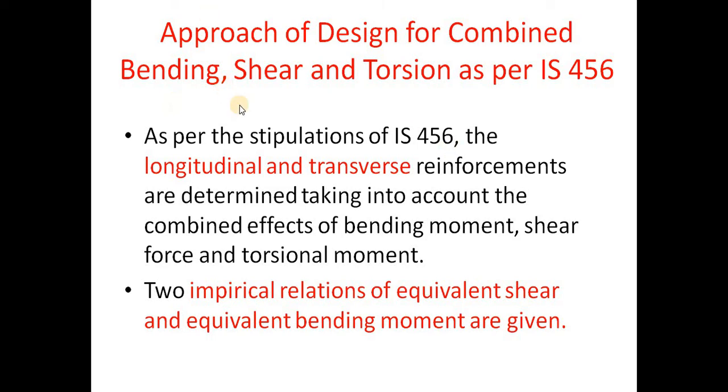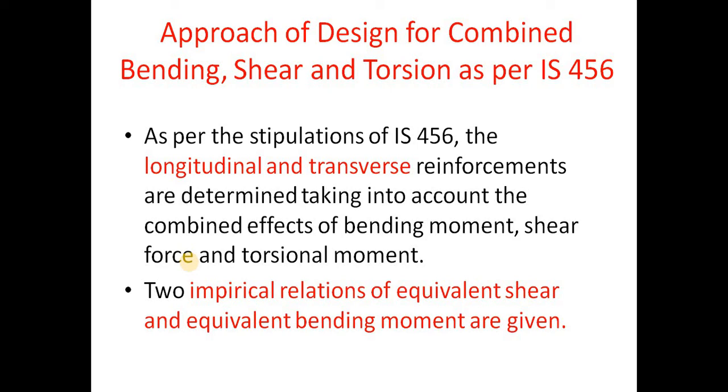You can see, as per the stipulations of IS 456, the longitudinal and transverse reinforcements are determined taking into account the combined effect of bending moment, shear force and torsional moment. So we have to consider a combined effect of bending moment and shear force. Normally we consider the effect of bending moment and shear force, so we won't consider torsional moment in many cases.